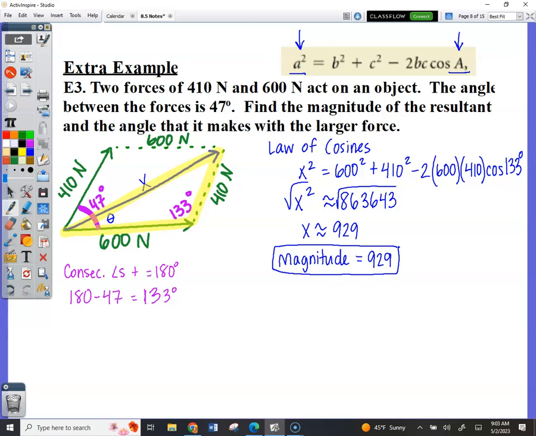So I'm going to copy that exact triangle right here and remind myself I'm looking for theta. I know this is 133. I know this is 600. I know this is 410. And I now also know that this resultant is 929.